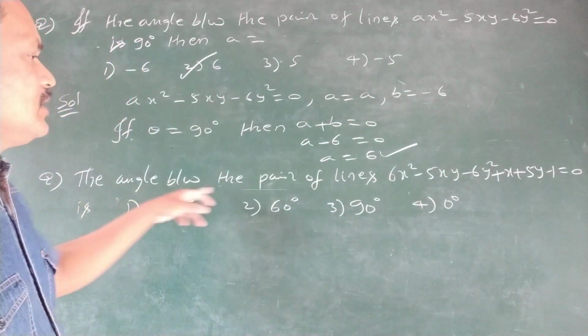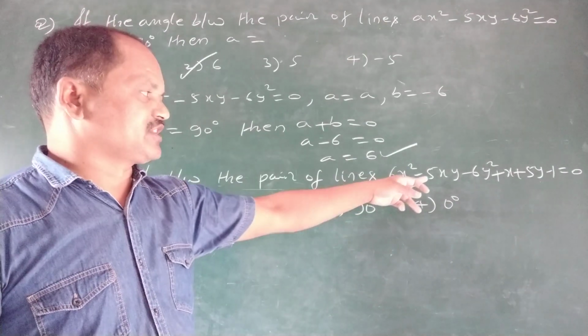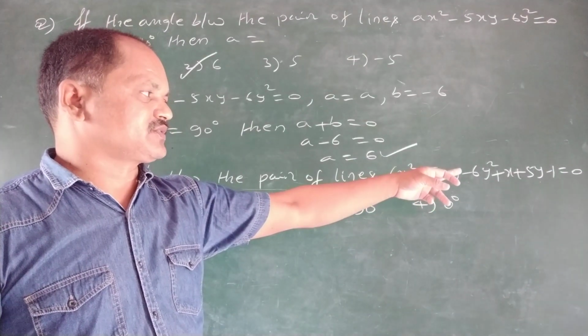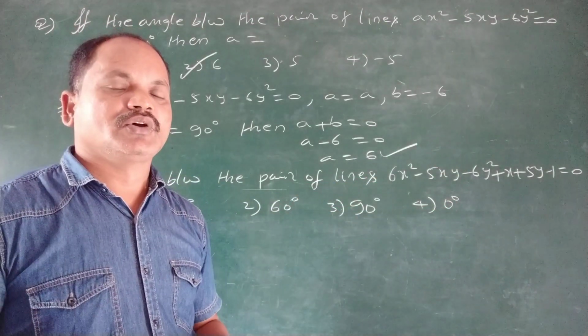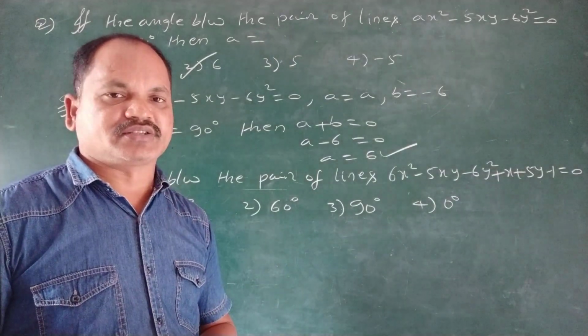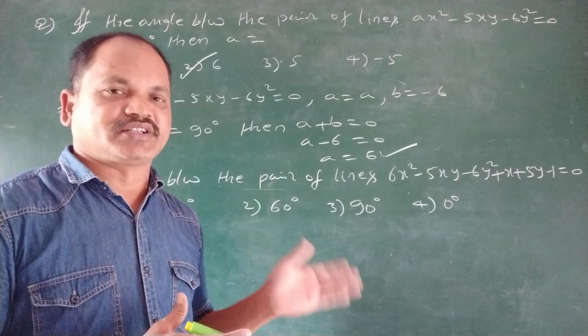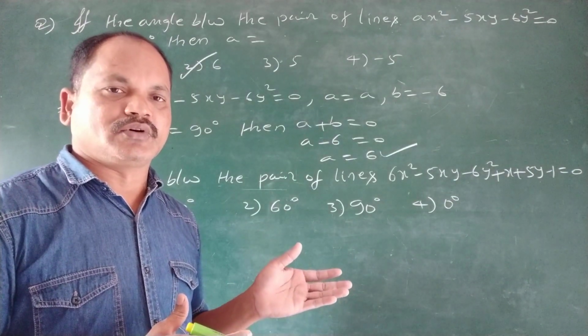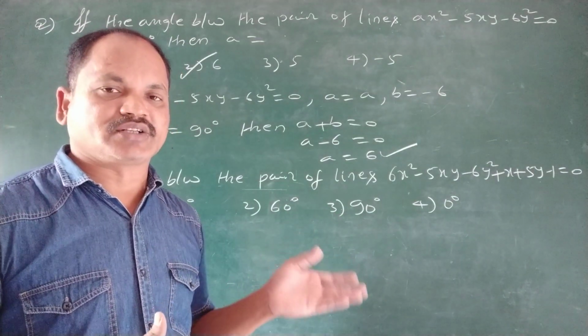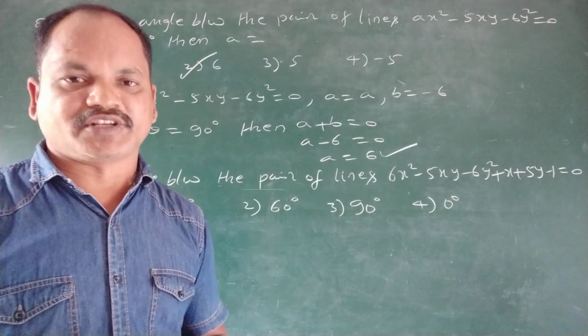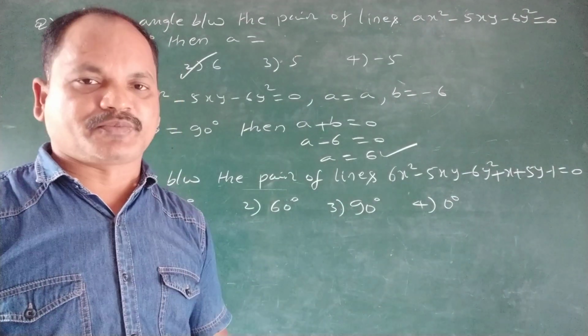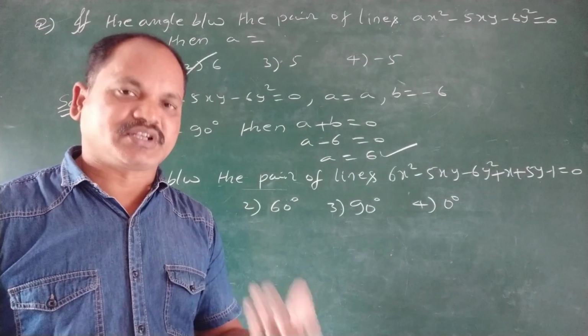Actually, this is a non-homogeneous pair of lines. So it's the same process. If theta is acute, cos theta is equal to mod a plus b by root of a minus b whole square plus 4h square. That is the common formula for homogeneous and non-homogeneous equations.